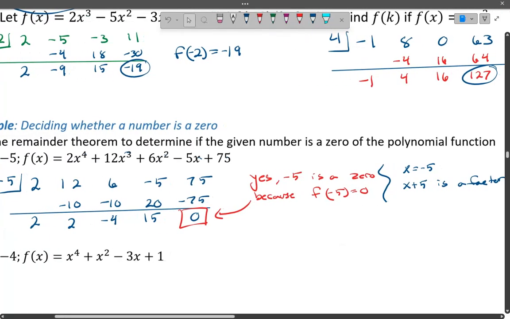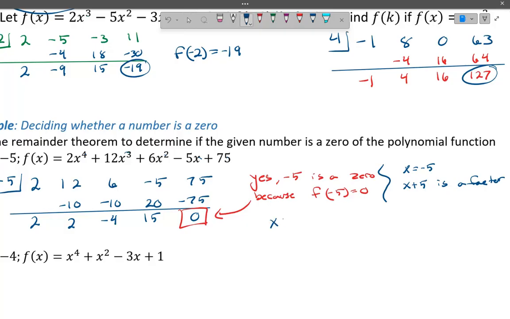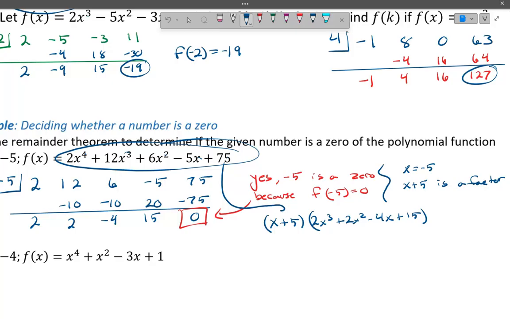So I took this fourth degree polynomial, I factored out x plus 5, and I'm left with the quotient of 2x to the third plus 2x squared minus 4x plus 15. I've now taken a fourth degree polynomial, factored out a binomial, and was left with a third degree polynomial.